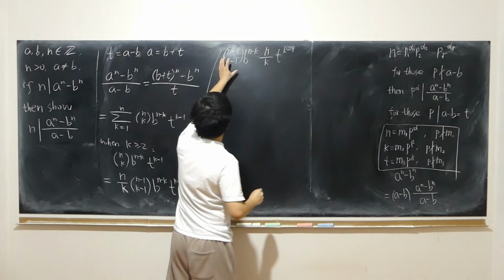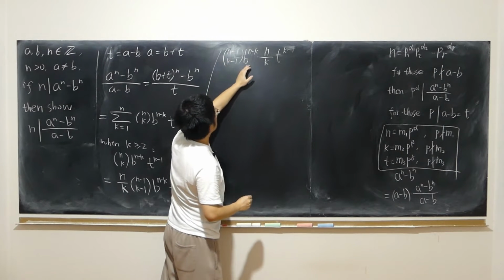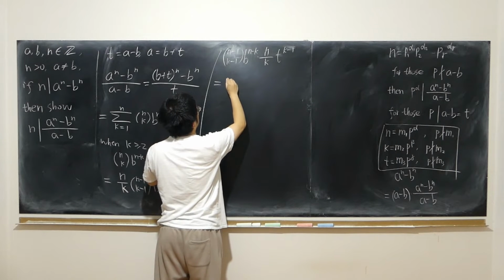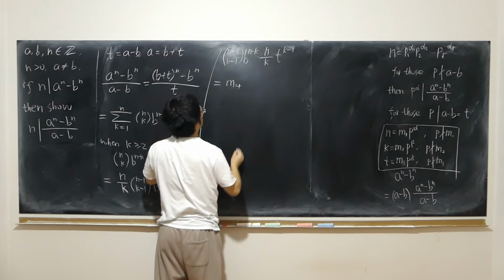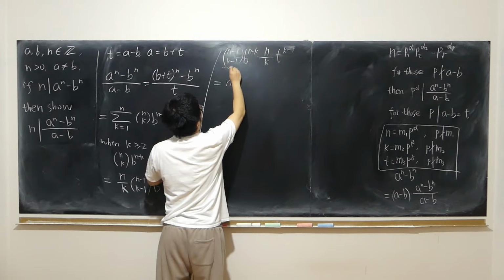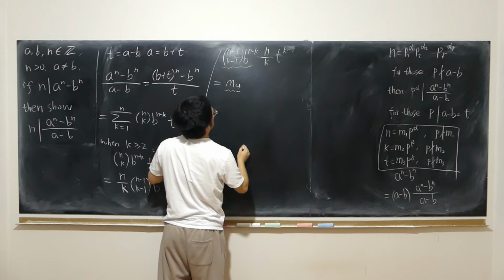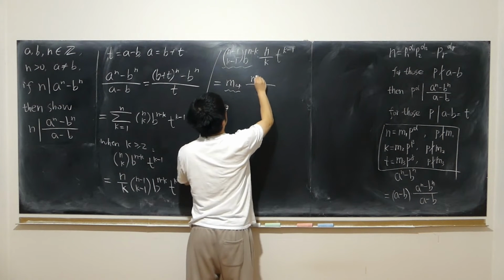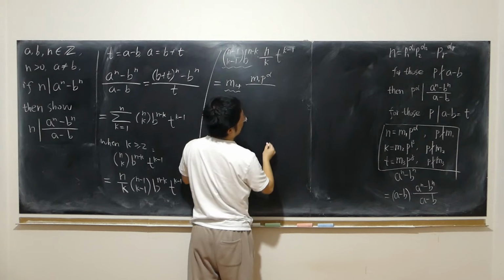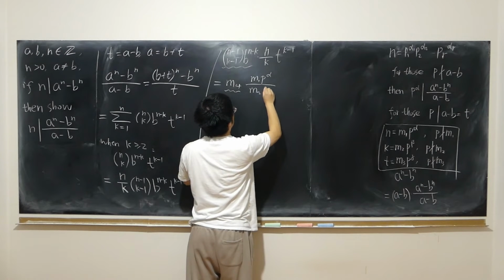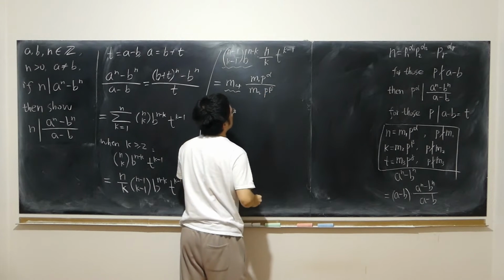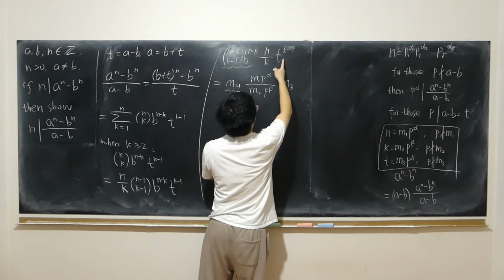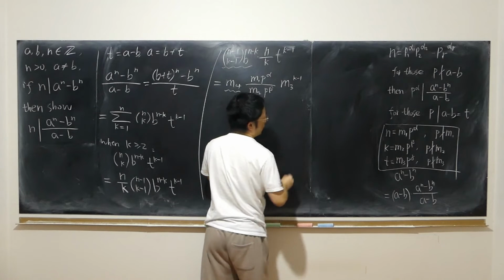This combination number is already an integer, so I rewrite it as some m4. Then n over k is m1 times p to the alpha over m2 times p to the beta, and t becomes m3 times p to the gamma, raised to the power of k minus 1.